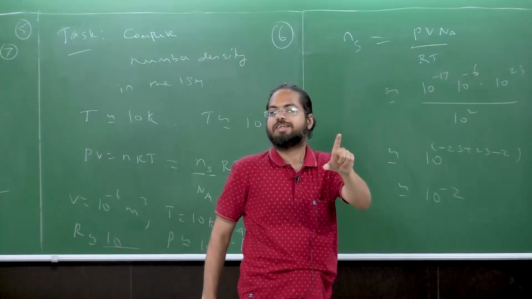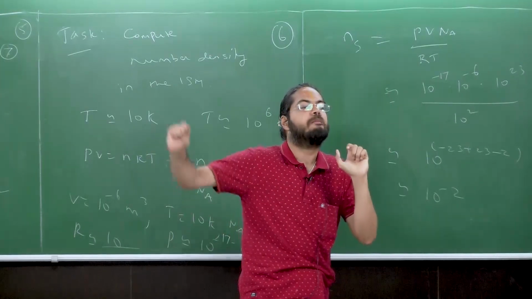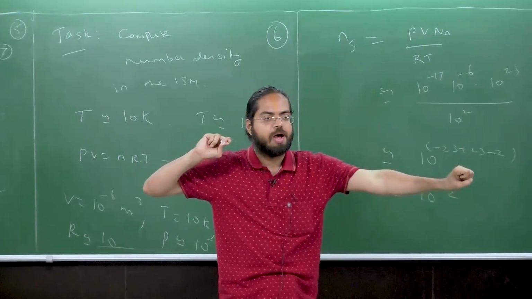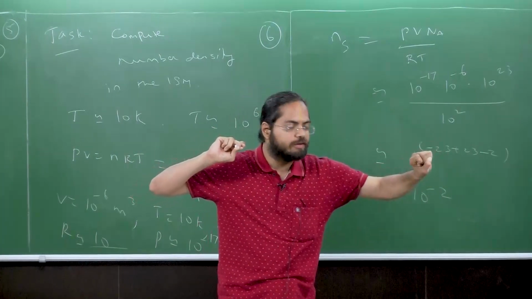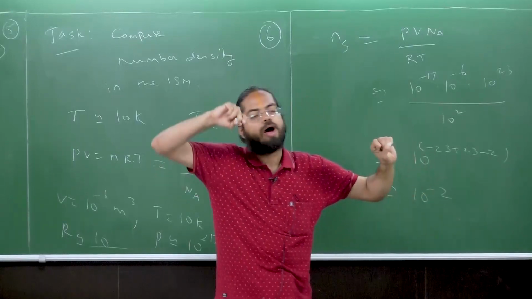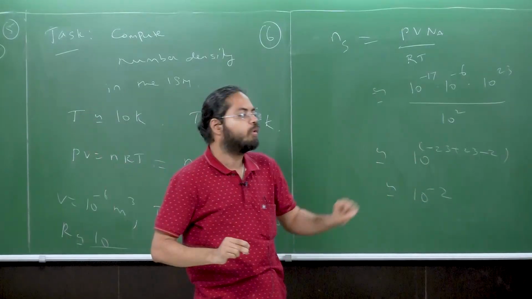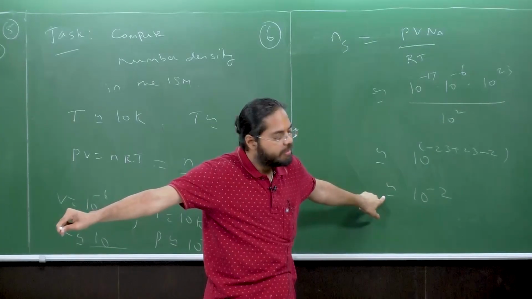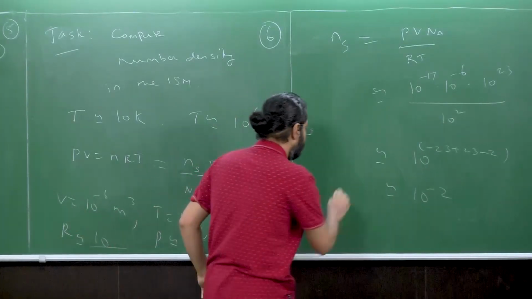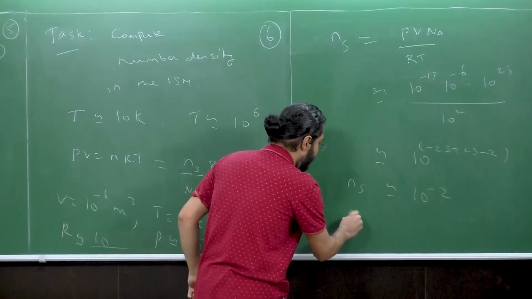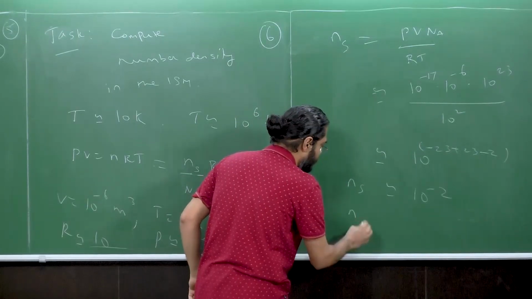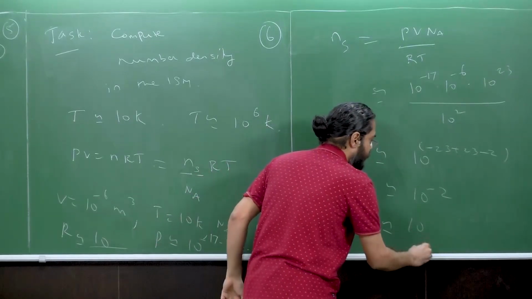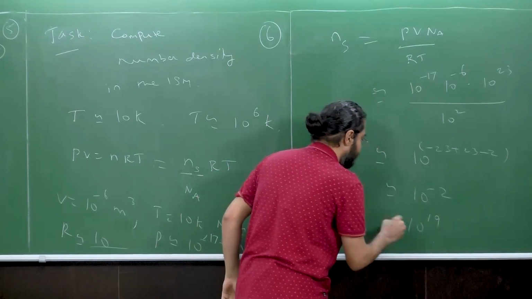Can you imagine? Can you compare the sparsity occurring in the ISM with respect to what's happening on Earth? What was the number density that we calculated on Earth? This is the number density in space. I'm calling the number density on Earth nm, the symbol we used earlier, 10 to the power plus 19.